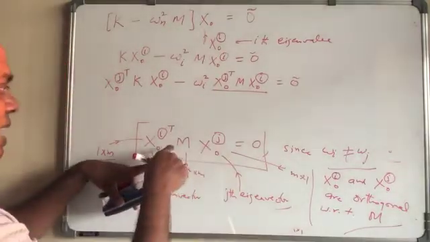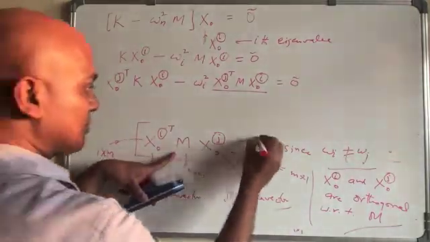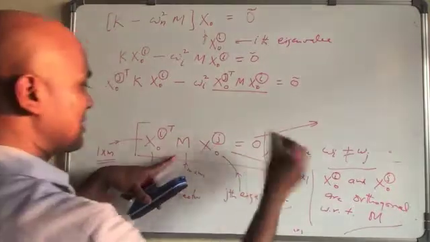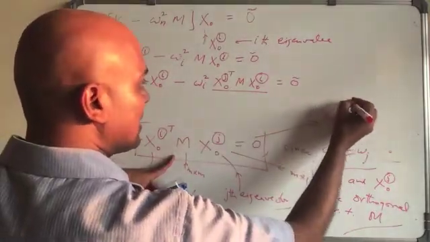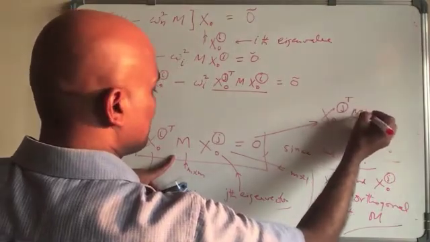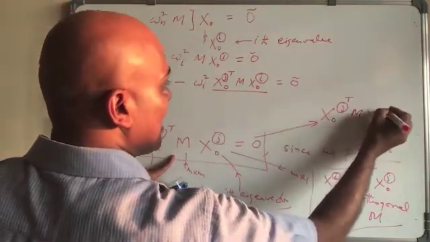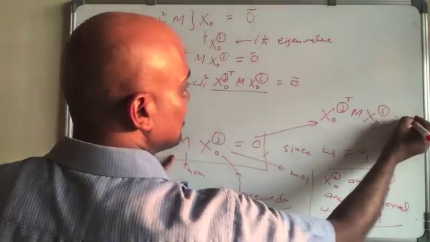The same logic tells us that if this is true, then this is also true: x_j transpose M x_i is equal to 0.